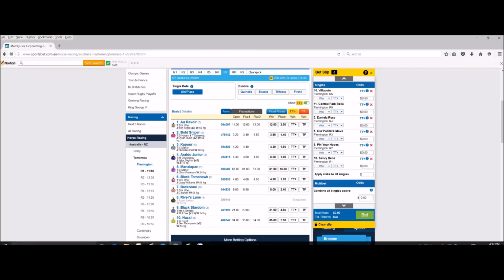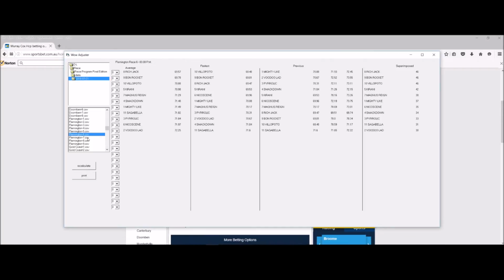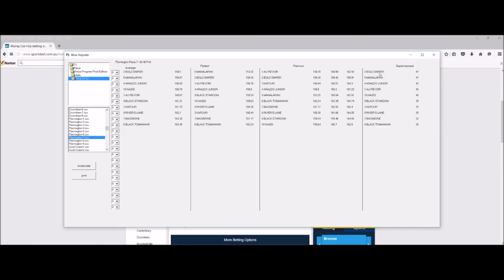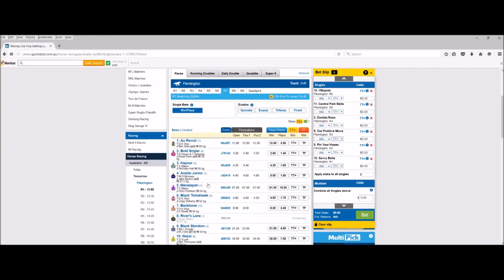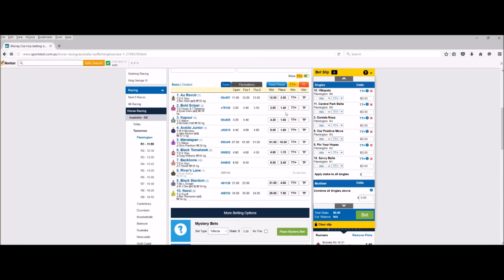And race 7, Bold Sniper. That's the Queen's horse. And Manalapan. I don't mind that horse. 60s. I'll put that in for value.